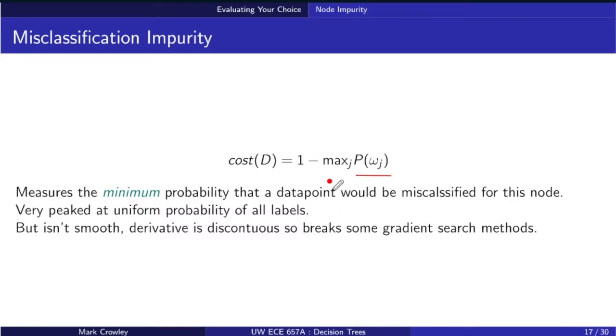And so the general cost, this misclassification impurity, would just be the probability. You pick the one that gives you the highest probability of getting it right, and then you say, well, what if I got that wrong, right?